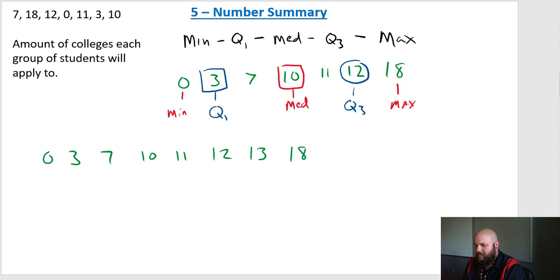Well, if we had 8 numbers, then to find the median, the middle values are 10 and 11, and we would need to add them together and divide by 2 to find our median. In which case, that would give us 21 over 2. We'll just leave it at that right now.